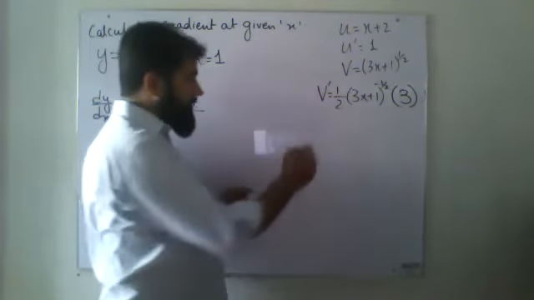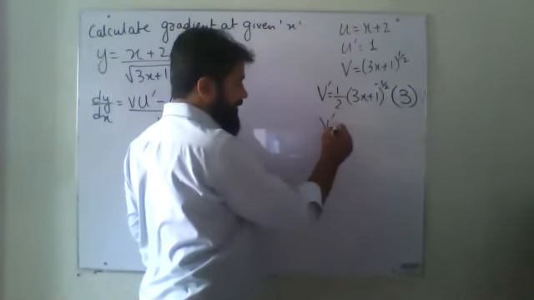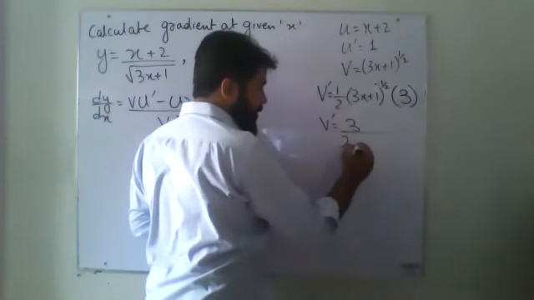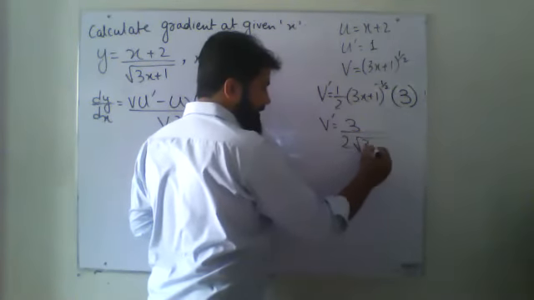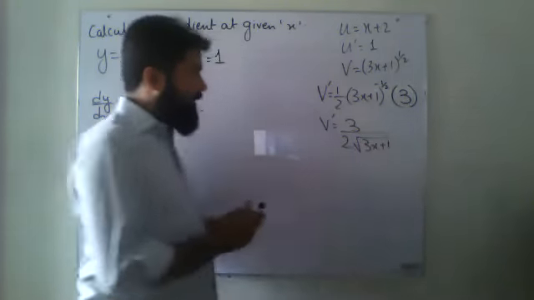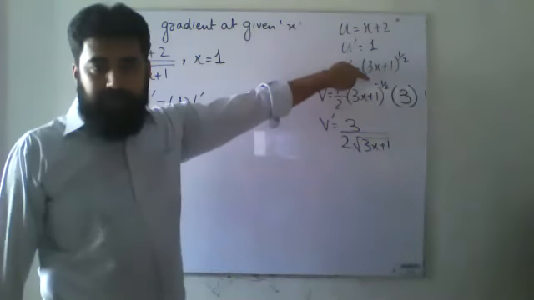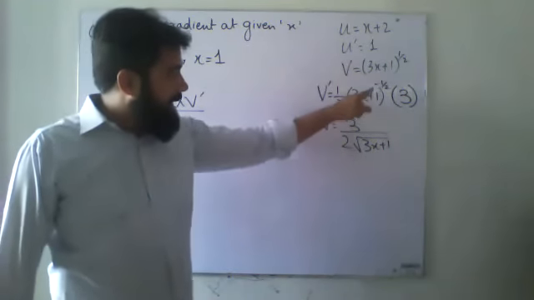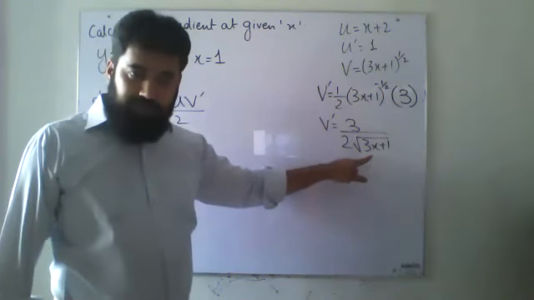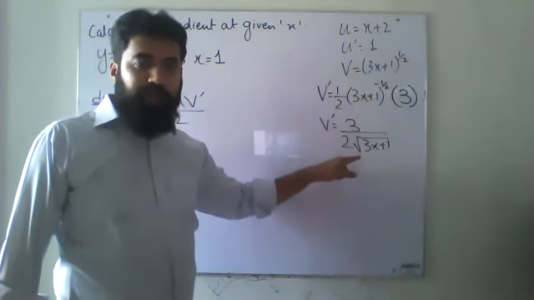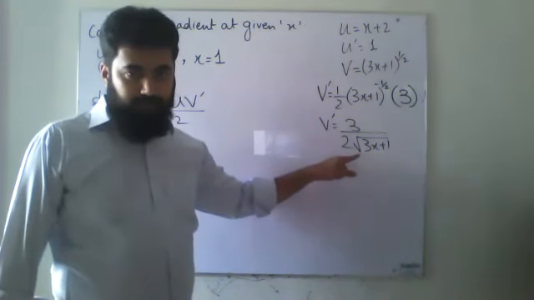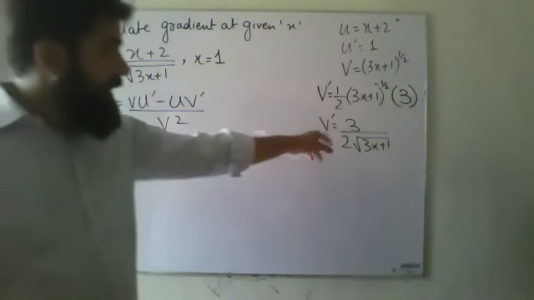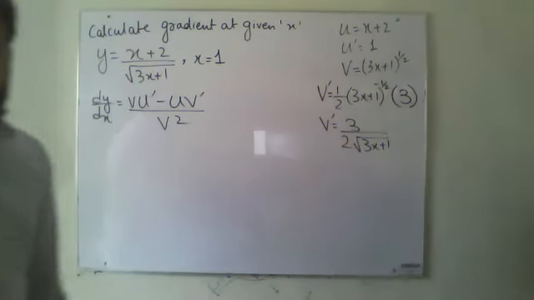So when I simplify it, v differential equals 3 over 2 under root 3x plus 1. This was power minus half. I have shifted it to the denominator with 2, and this will become power positive half. Due to half, I have written root over here. If you don't want to write root, don't write it. You can write it in half power also.